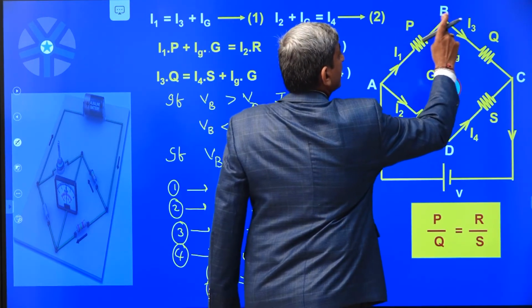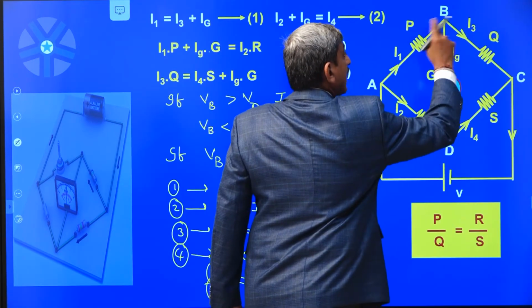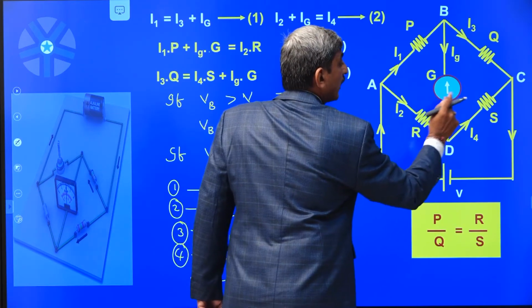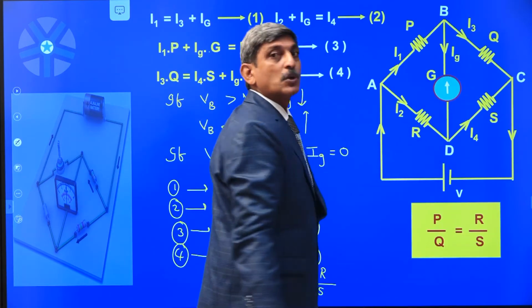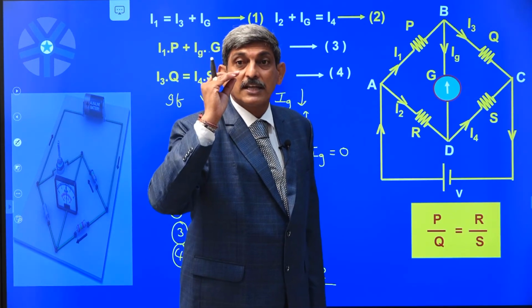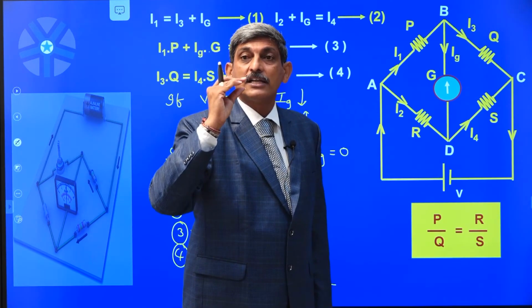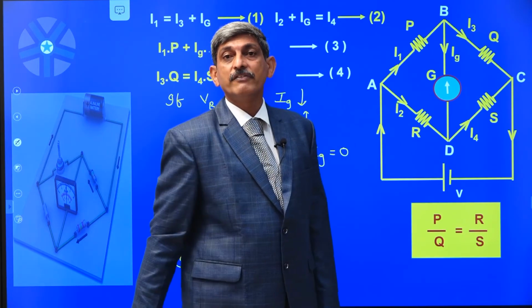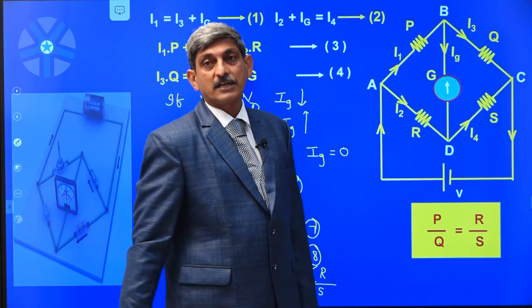Left resistance by the right resistance in the upper arm is equal to left resistance by the right resistance in the lower arm. So keep that point in mind, then without any confusion we can apply the balancing condition of the Wheatstone bridge for solving the electrical network.